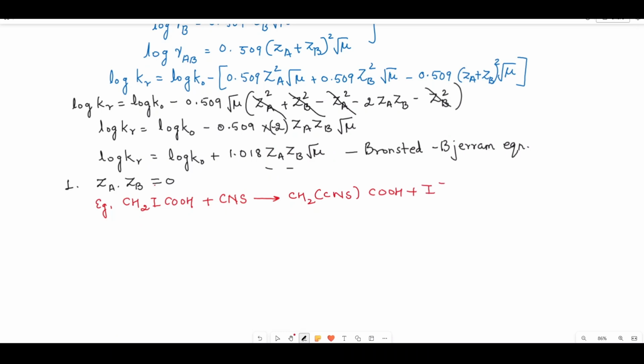Here, this is a non-electrolyte. Hence, ZA into ZB will be 0.